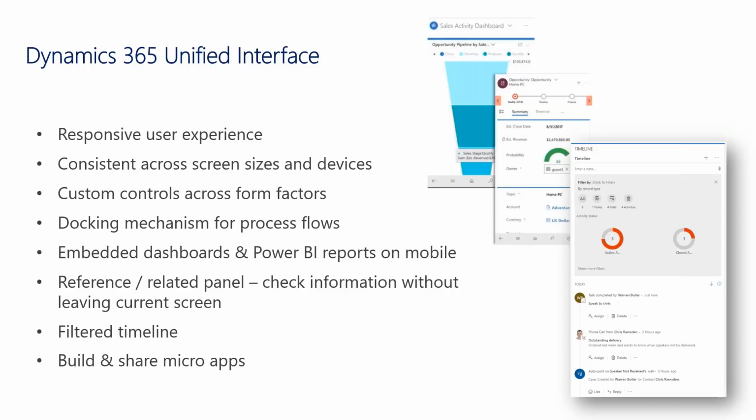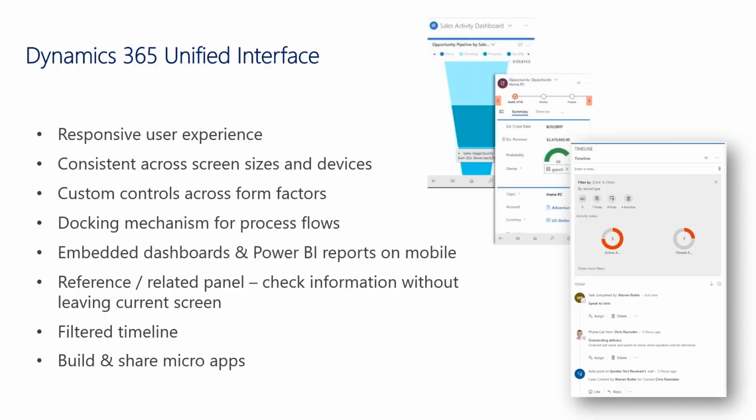Within the unified interface, each control, such as a text box, a calendar, or these switches, can be built using the Power Apps control framework. And it's in this that developers and partners are provided with a new framework to design, build, and deploy custom functionality in Dynamics 365.